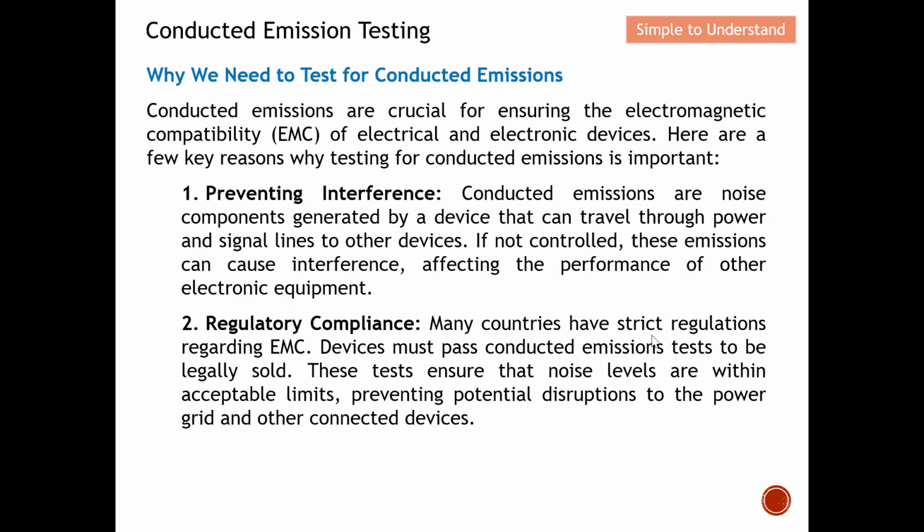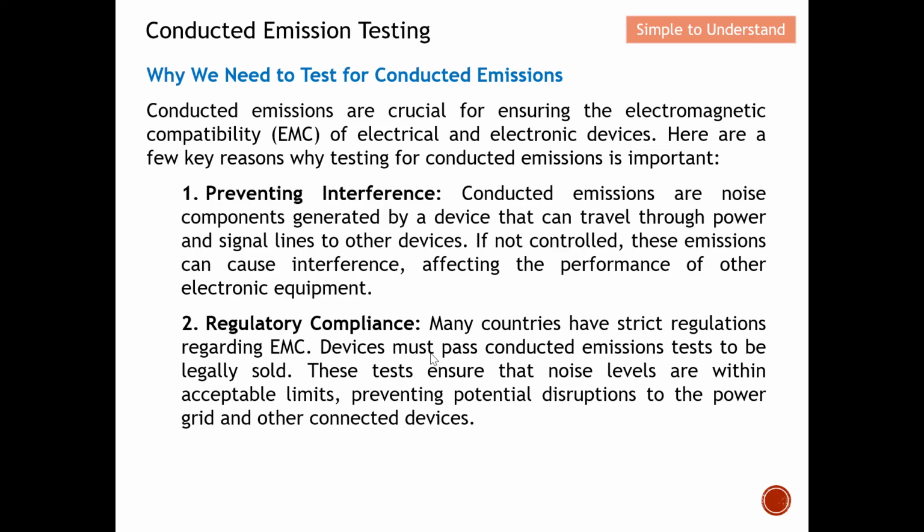Next, regulatory compliance. Many countries have strict regulations regarding EMC. Europe has its own EMC, and the FCC, which is from the US, also has its own EMC. Besides that, Japan, China, etc., all these countries have strict regulations regarding EMC.